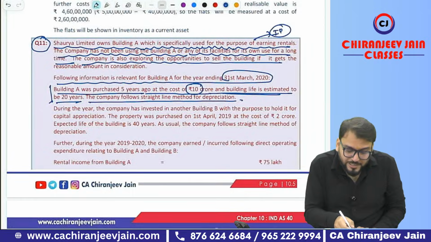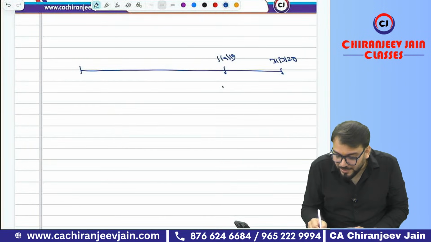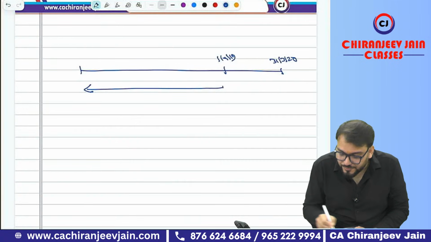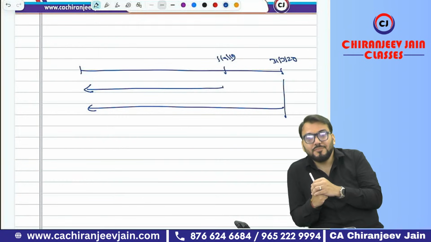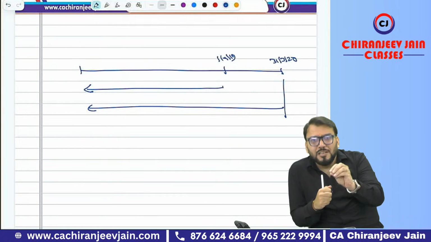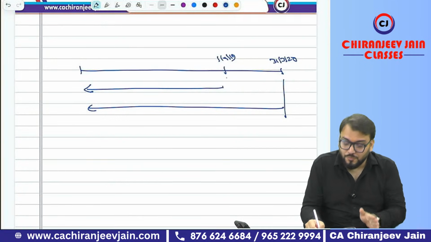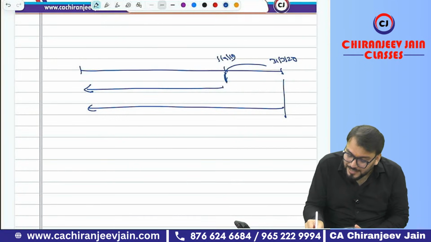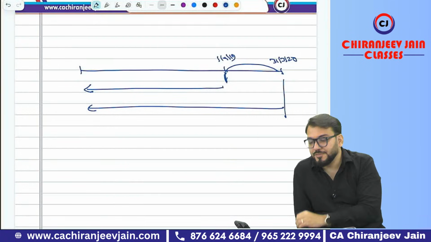The company follows the straight line method. My question to you: will the 5 years be counted from the beginning of the current year, 1/4, or from the end of the current year? Here only the doubt comes.